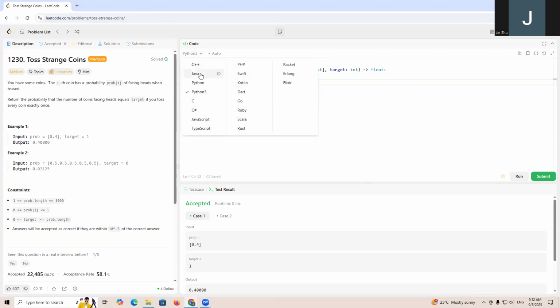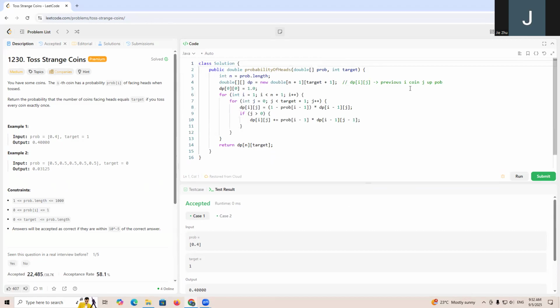Actually, you'll see we can optimize the space.